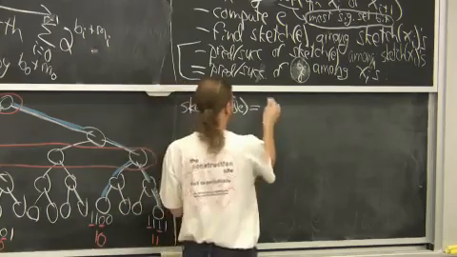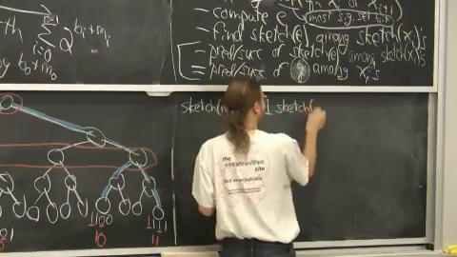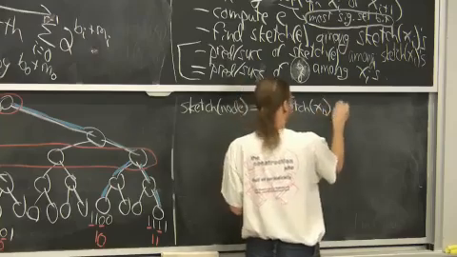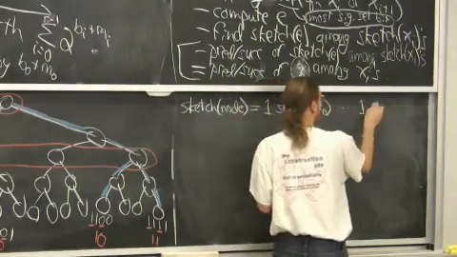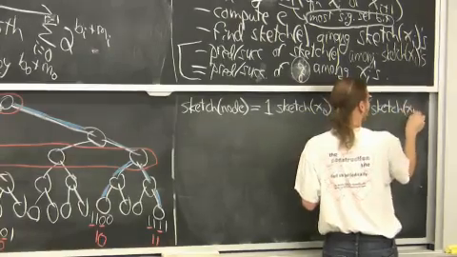I'm going to define the sketch of a node to be the 1 bit followed by the sketch of x0, 1, sketch of xk minus 1.